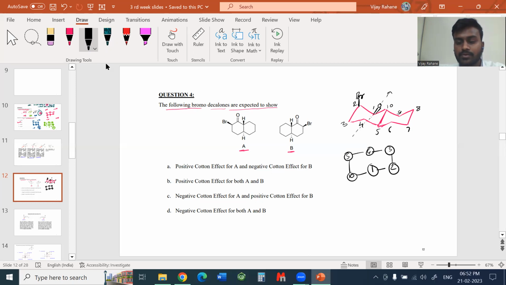For 10 and 5: at 10, equatorial, C9 is attached, and at 5, equatorial, C6 is attached. And where will the remaining carbons be? C8 at equatorial.